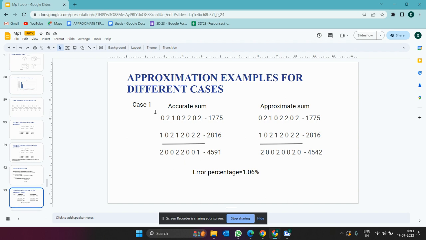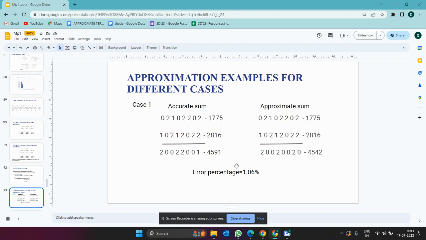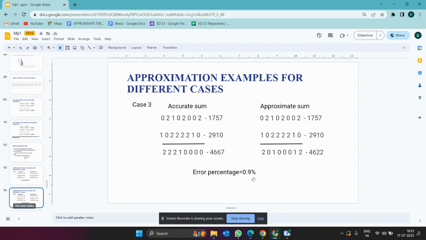So this is the accurate value for case 1. This is the accurate sum, and this is the approximate sum. Applying this formula, accurate minus approximate by accurate, we have got the error percentage as 1.06%.